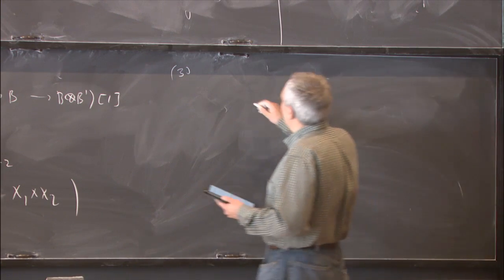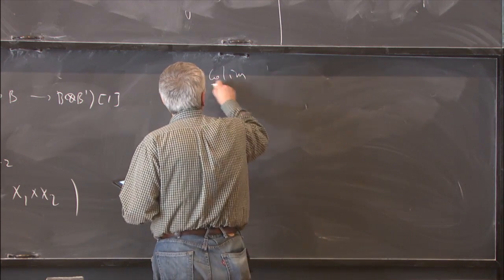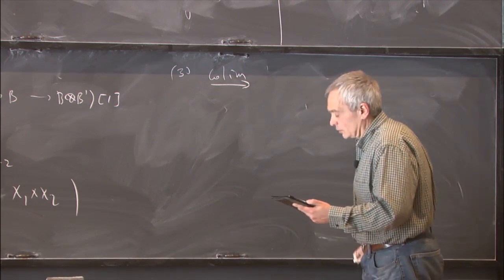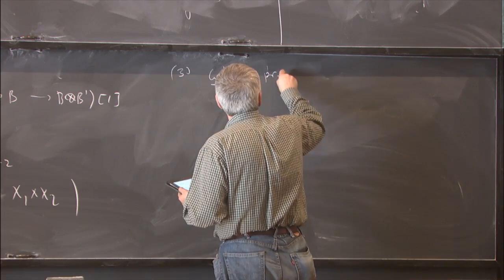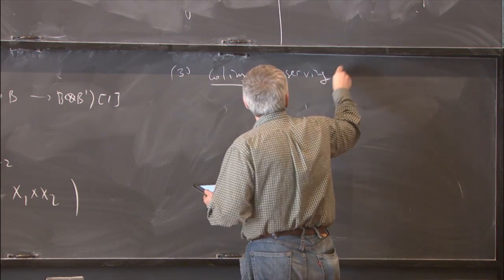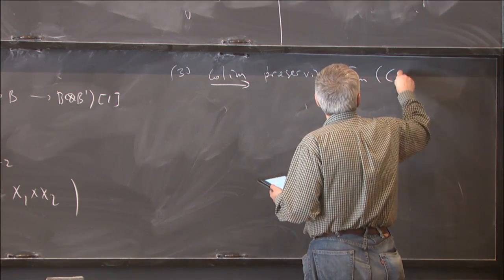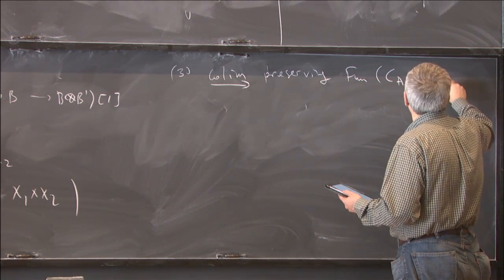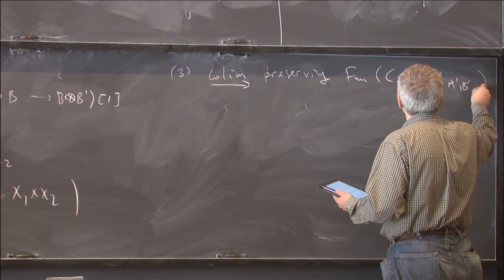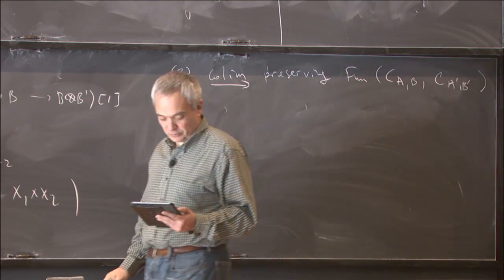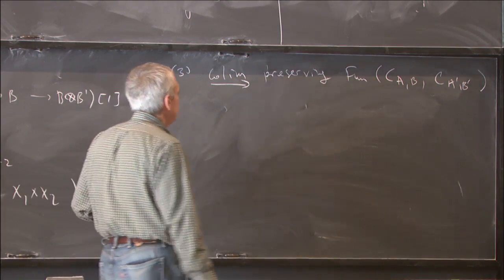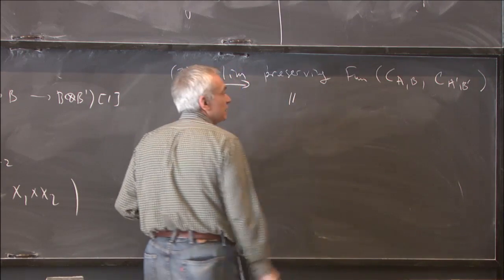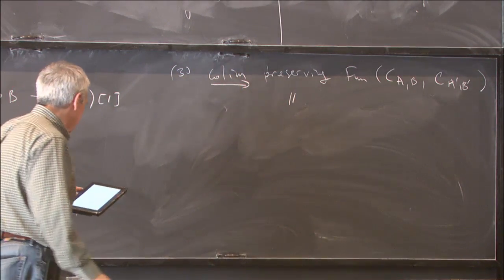What's more interesting is that it gives you a description of Fourier-Mukai functors. So the colimit preserving functors between these new non-commutative spaces. This is another space arising from non-commutative localization.